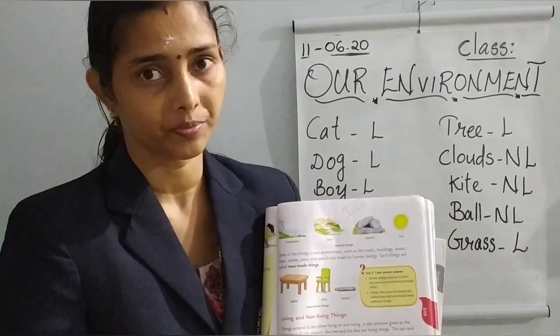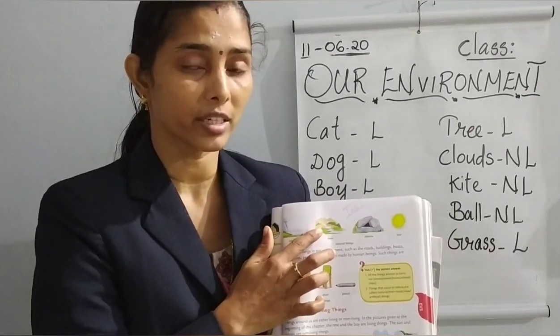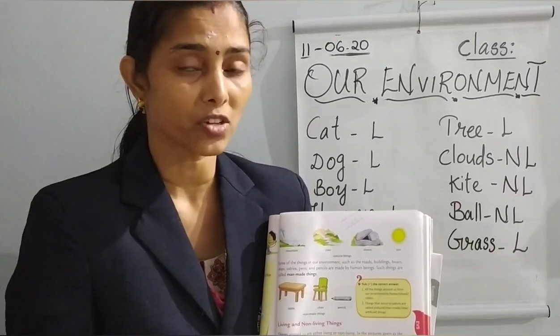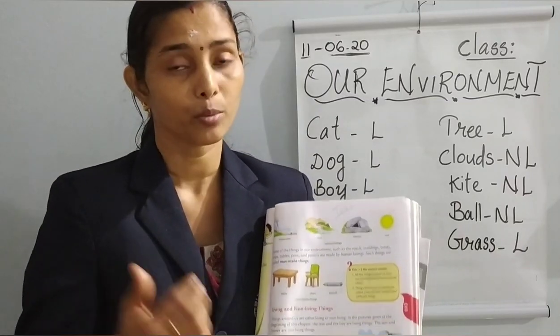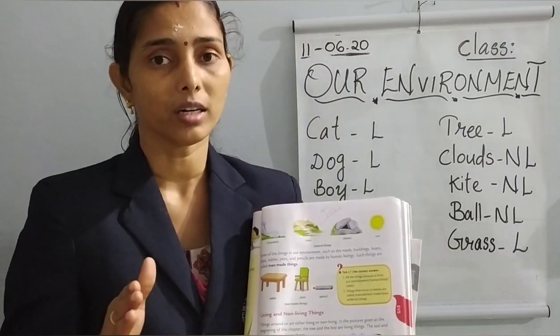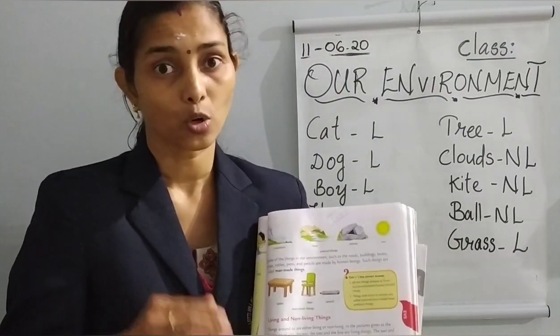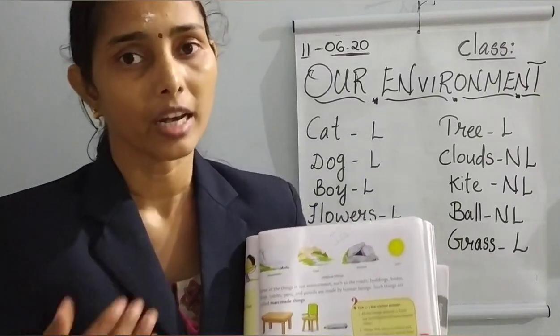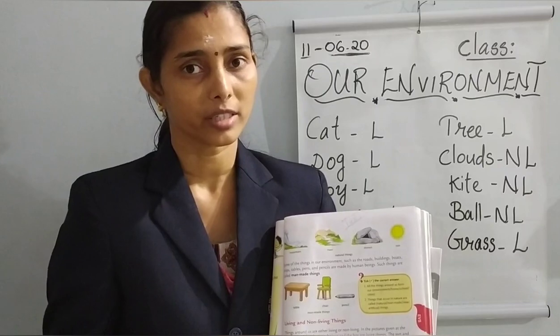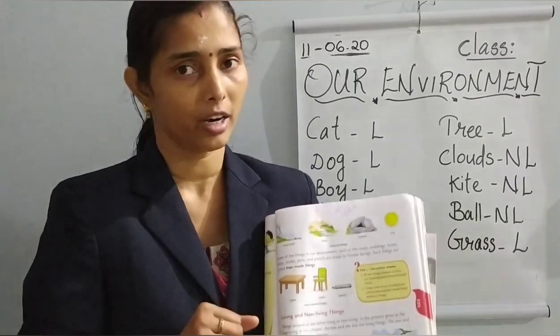We already learned that these natural things are non-living things. But some other natural things like animals, human beings, plants, they all are living things. So, natural things may be living or non-living. Understand?